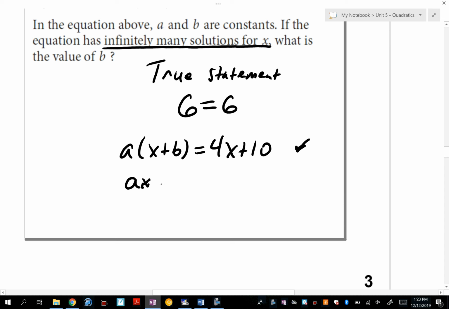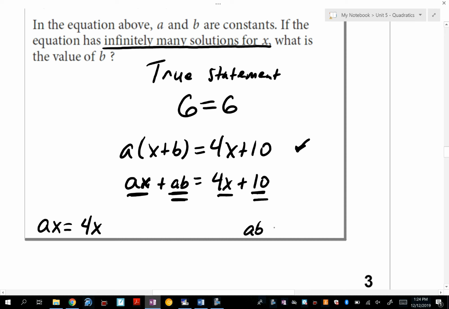You get ax plus ab equals 4x plus 10. So if this is going to be true, ax is going to be equal to 4x, see how they are in the same spot? And ab is going to be equal to 10.